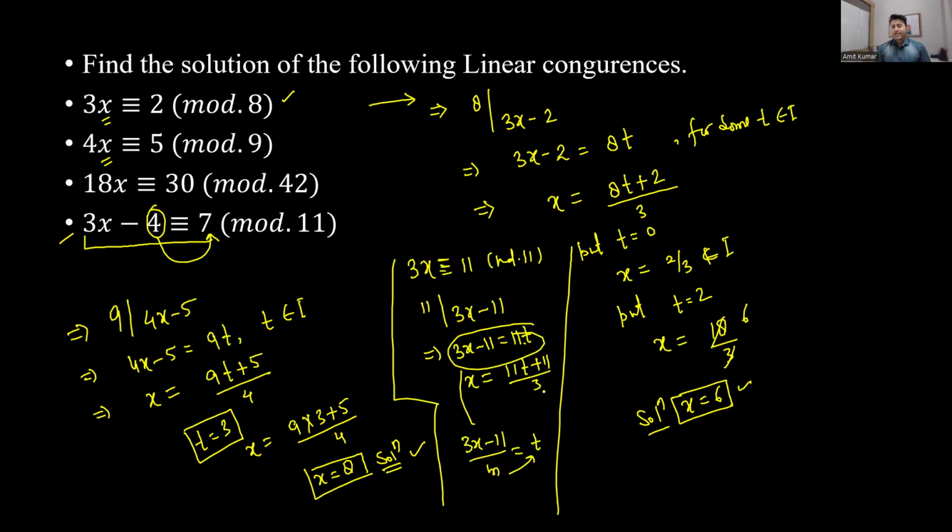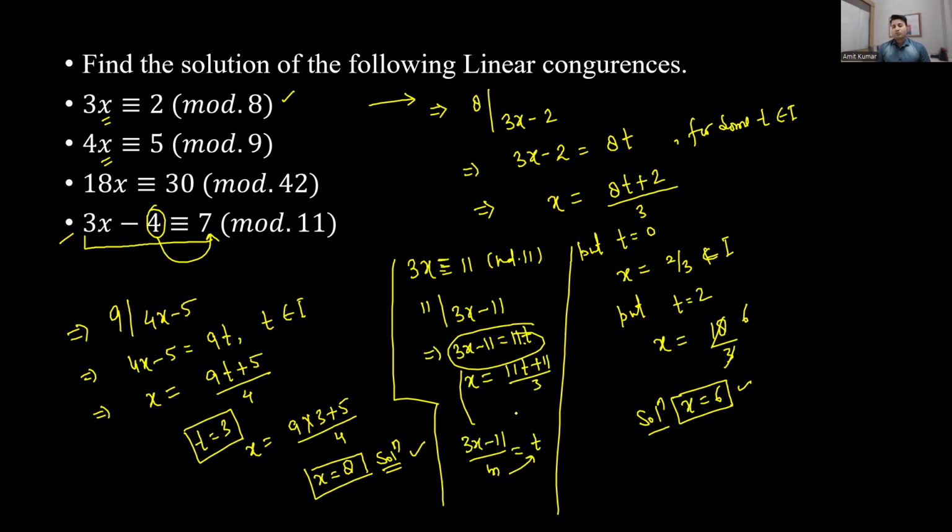Now we are supposed to get those values of t which make x an integer. If I put t equal to 0, it is 4 upon 3. If I put t equal to 1, it is 11 upon 3.